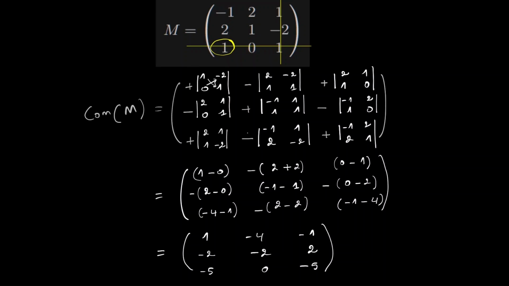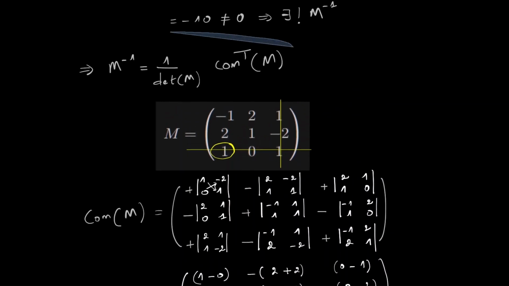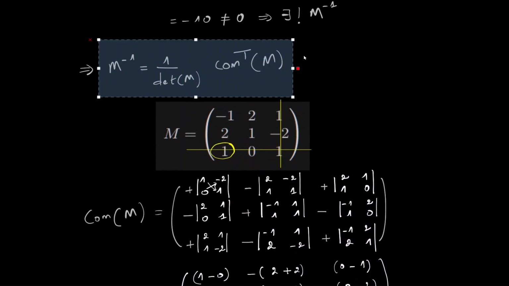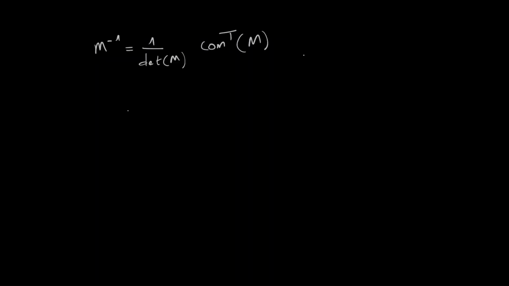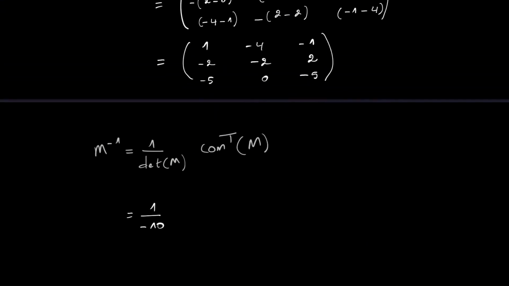Now we return to our formula of the inverse matrix. The determinant is minus 10, and we need to transpose the cofactor matrix by swapping the rows and columns.